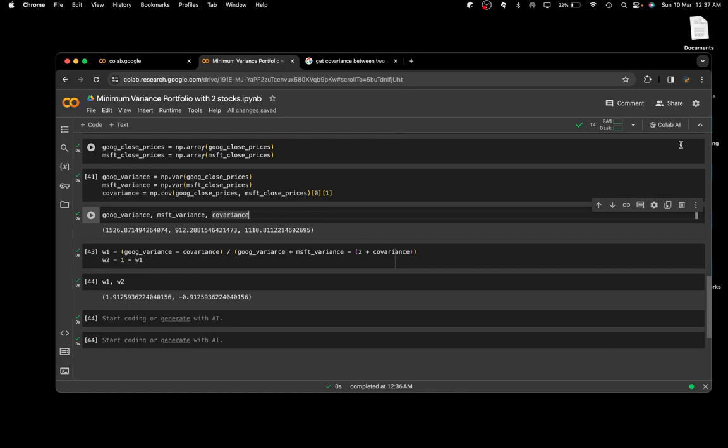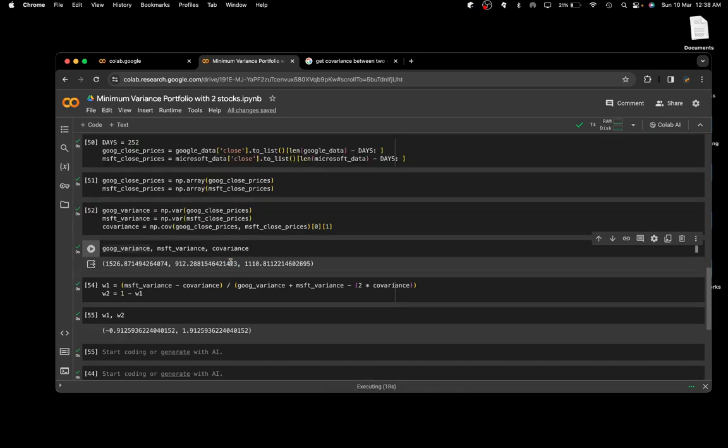That didn't make that much of a difference. Wait a minute. Alright, so the covariance is 1110. The Microsoft variance is this. If I add Google and Microsoft variance, I get something. Then I multiply that, and then I subtract 2.